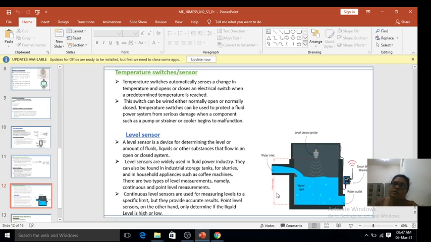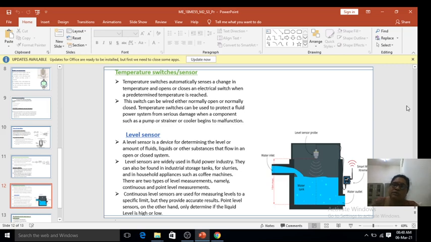Like that here also, once the system attains the required temperature, it automatically switches off the light. These switches can be wired either normally open or closed.